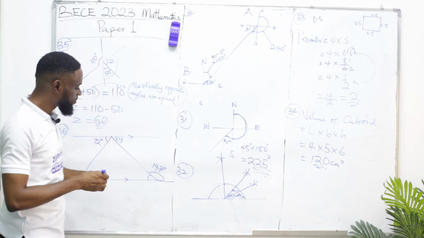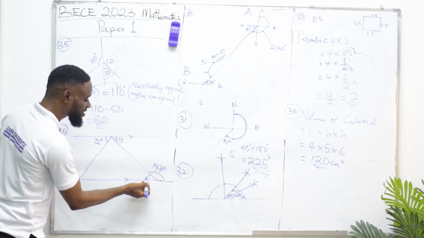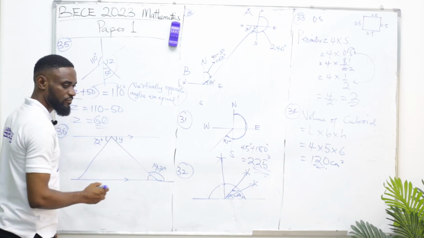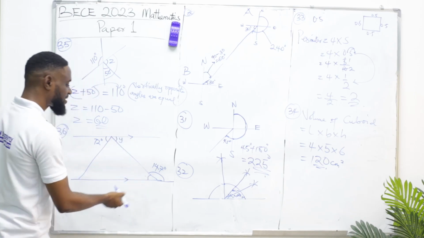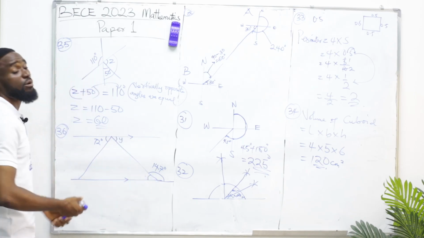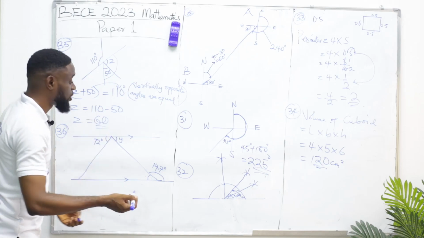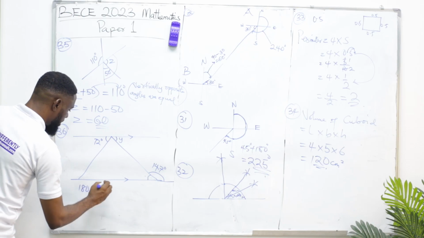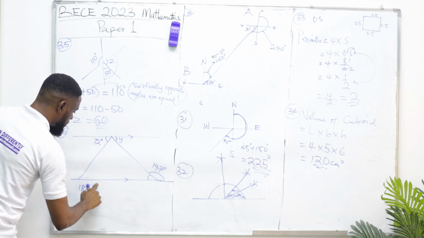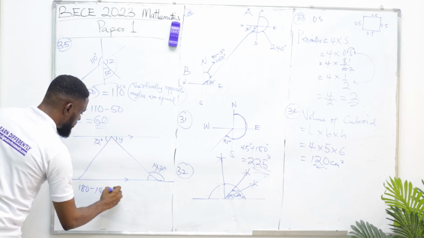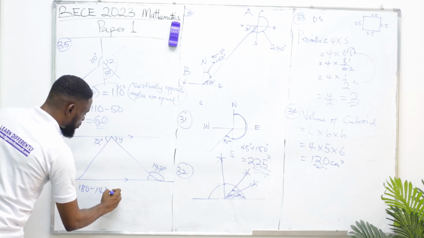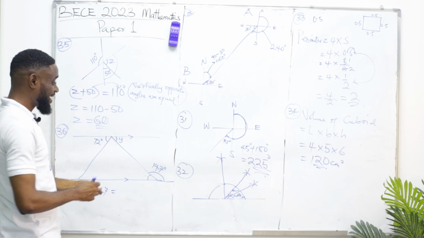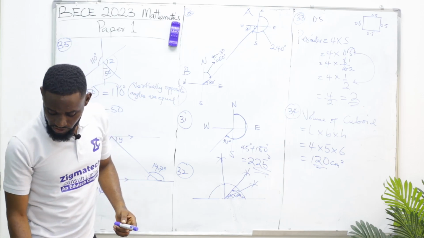So if we look, let's know what this angle will be. So let's assume that this angle and this angle are sum of angles on a straight line. So we do 180 minus 147.